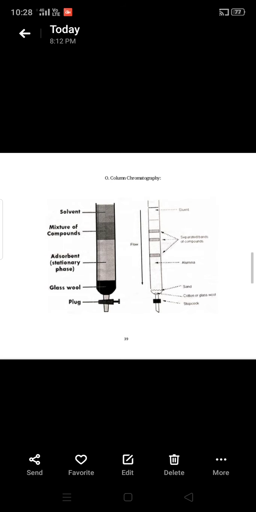The different components can be dissolved and collected separately by adding more solvent at the top. This process is known as elution.